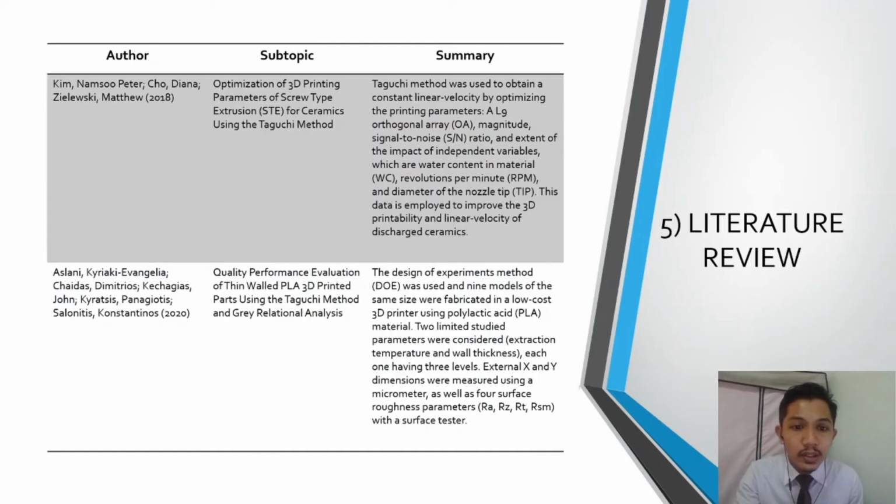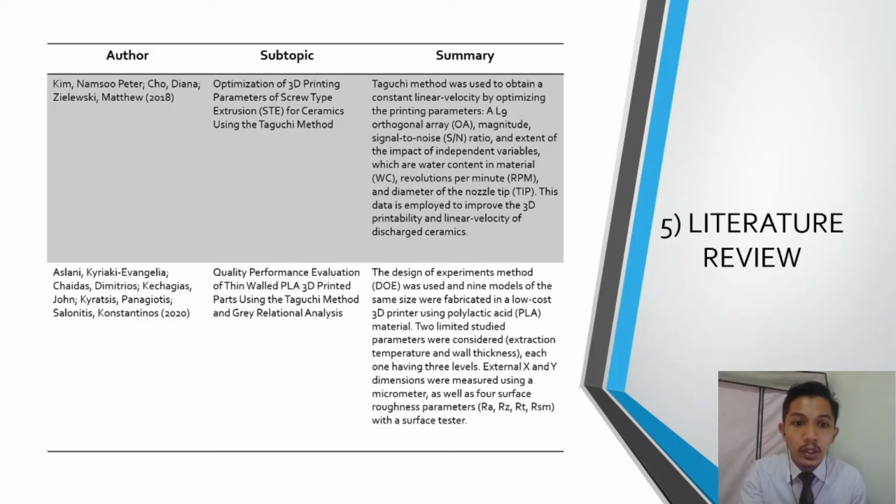The second last, on the topic of optimization of 3D printing parameters on screw extrusion type for ceramic using the Taguchi method. Researchers say that the Taguchi method is used to obtain constant linear velocity by optimizing the parameters.